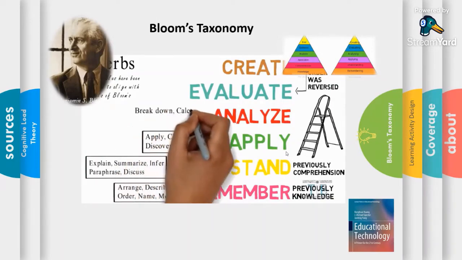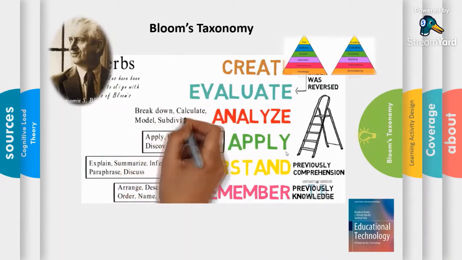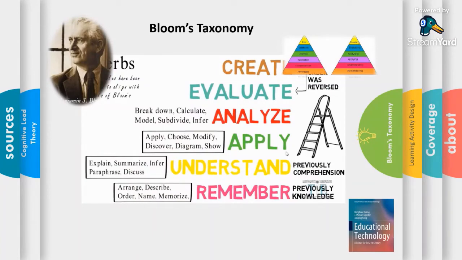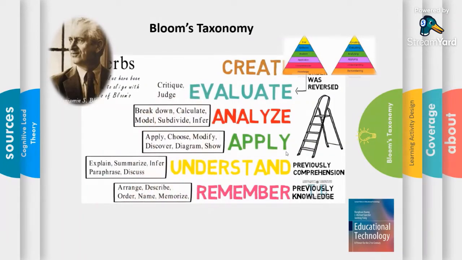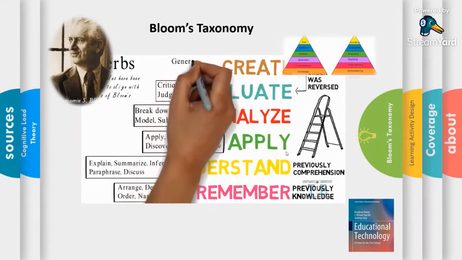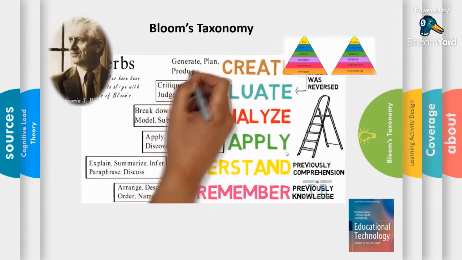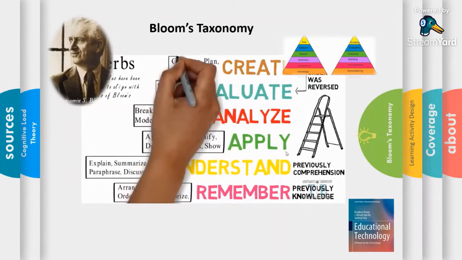Break down, calculate, model, subdivide, infer are all aligned with analyze. Critique and judge are aligned with the evaluation level. And lastly, generate, plan, and produce are aligned to the top level of cognition, which is create.